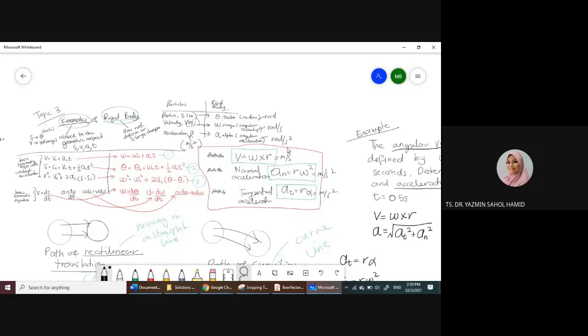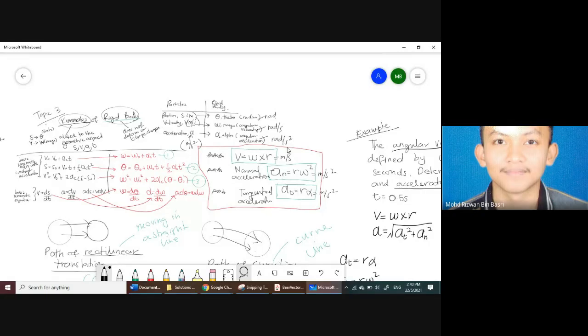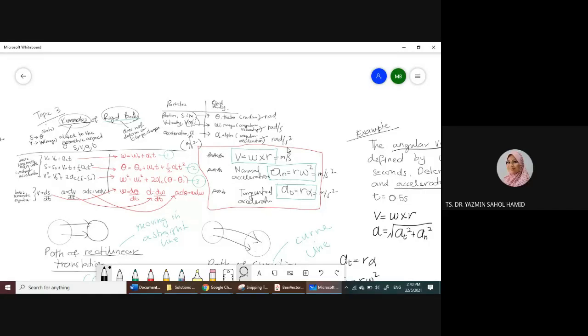If I read back the question, it asked: determine the velocity and acceleration when it undergoes 2 revolutions. So it means you have to use theta equals 4 pi to find the new omega, because it's a different question. Because the question tells you to find velocity.